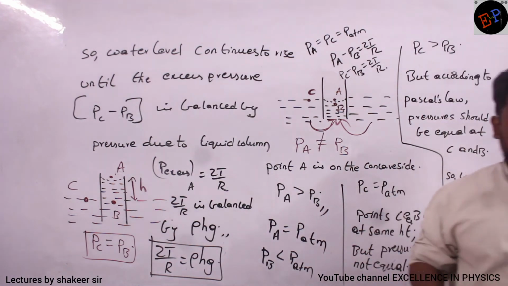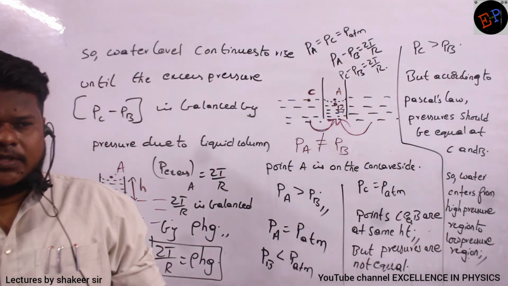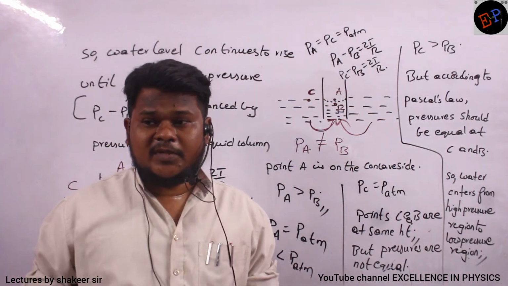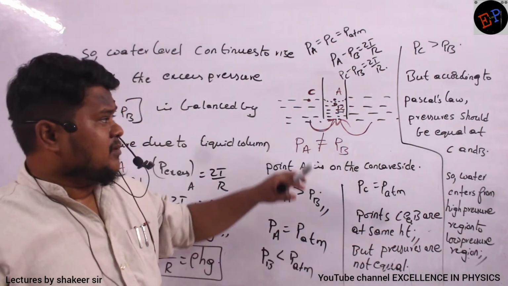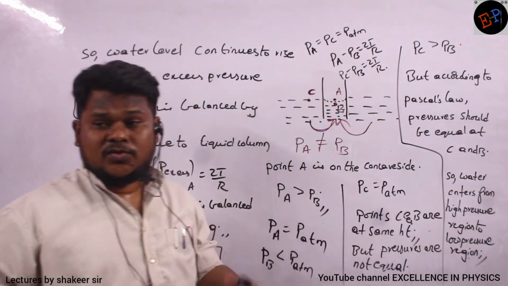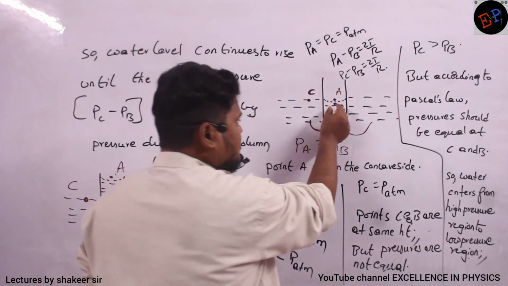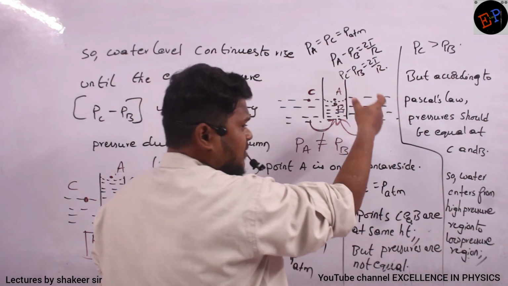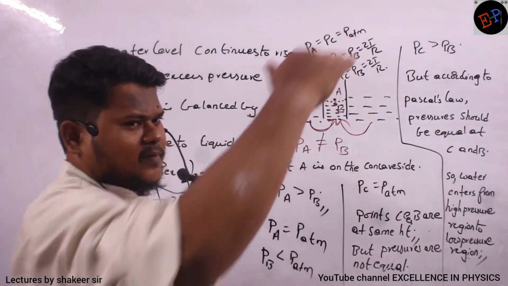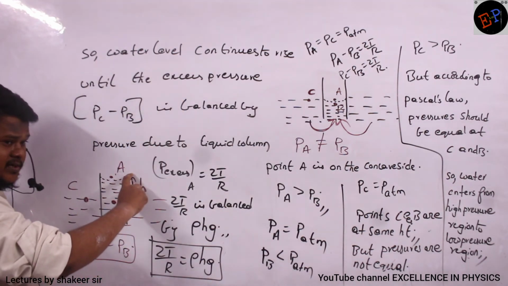But that is not possible, because Pascal's law should always be satisfied. No? What is Pascal's law? If 2 points are at the same height, pressure must be equal. But at point B, pressure is less by 2T by R. So what happens is, this extra pressure 2T by R will be compensated by the rise of liquid. Liquid level rises. And up to which height does the liquid level rise?